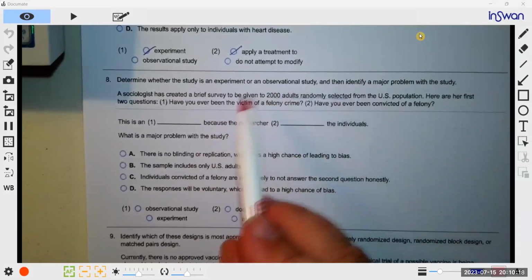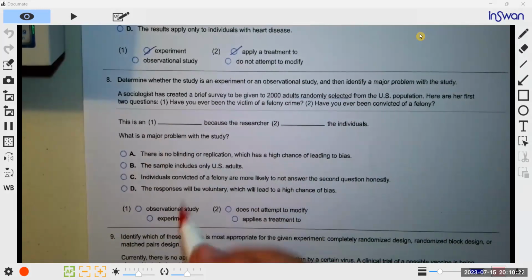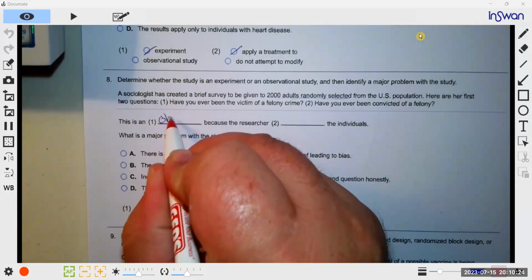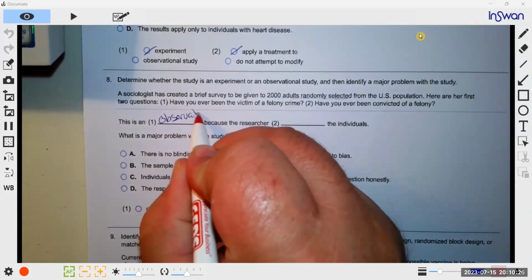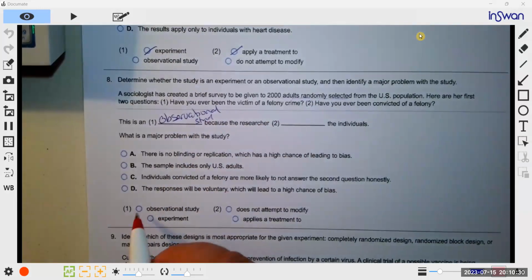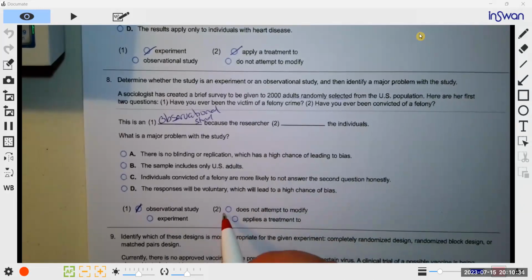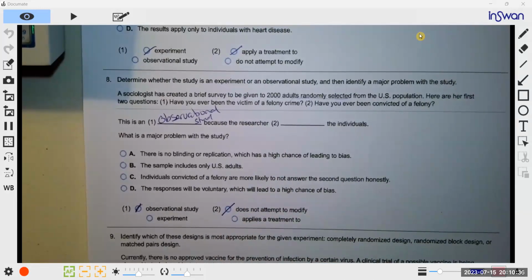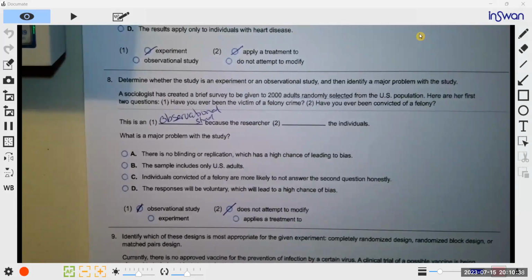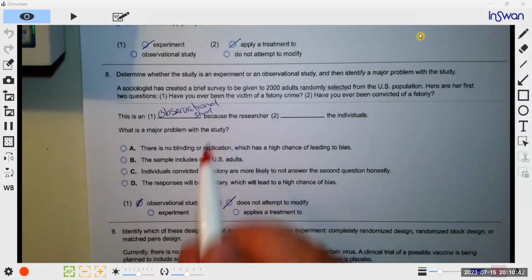So is there any intervention, any treatment given? No. So this is an observational study because the researcher does not give any type of modification and does not give any treatment to the individuals. What is the major problem with this study?